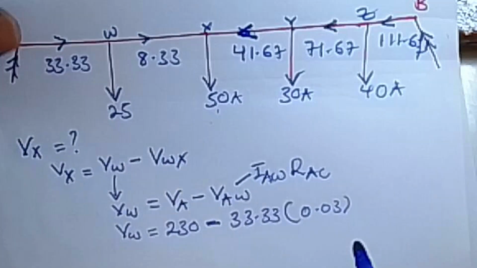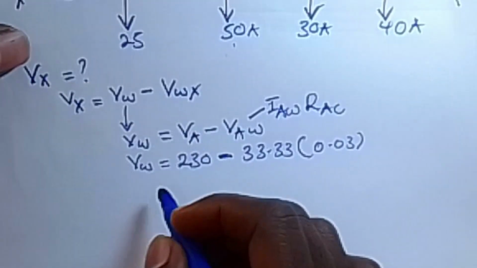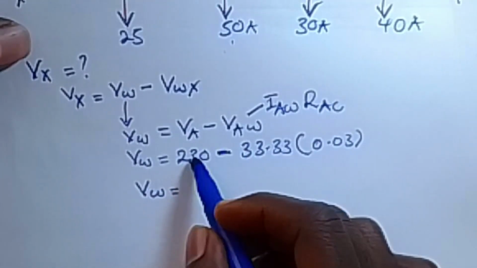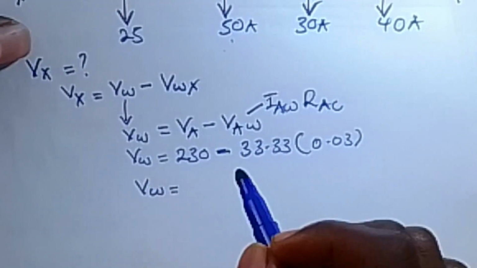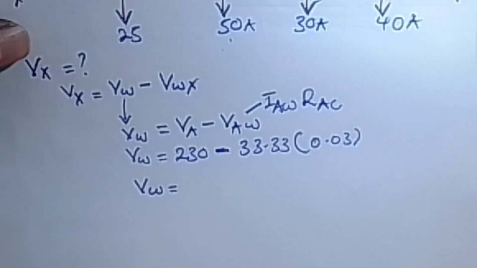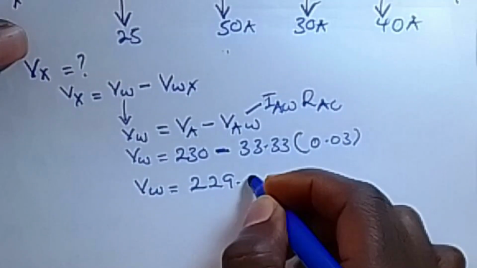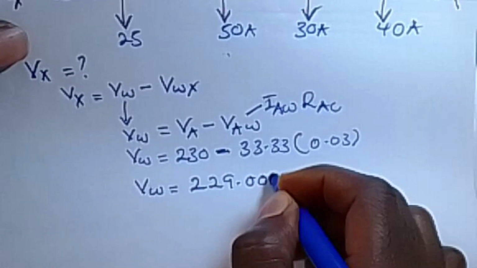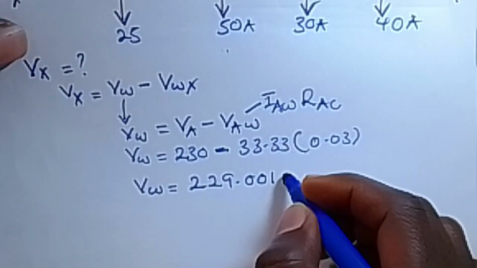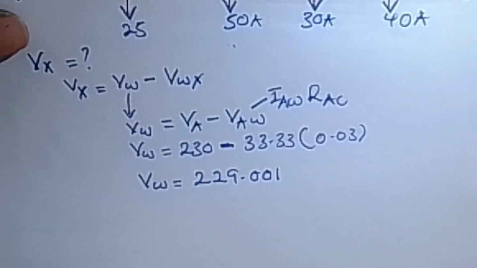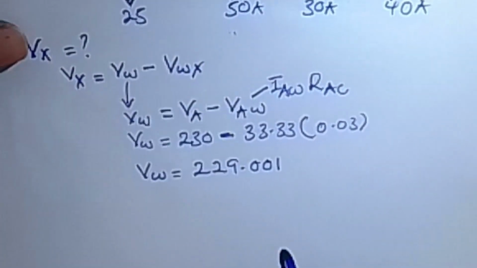When we put this into the calculator, what answer do we come up with? 229.001. So we can leave it as 229 volts.